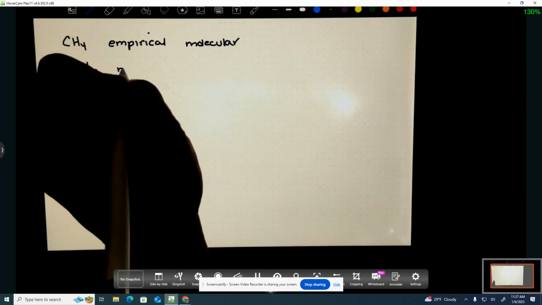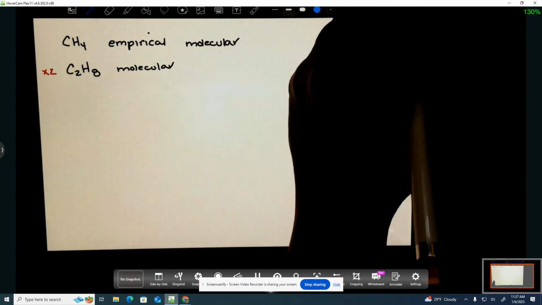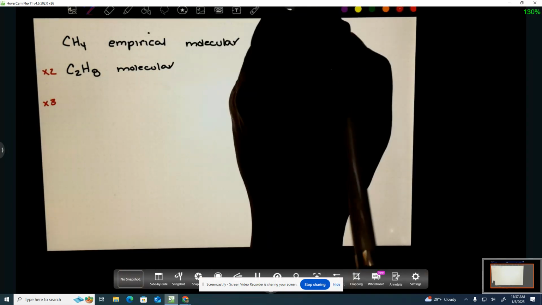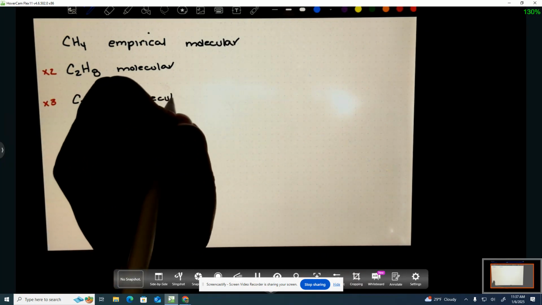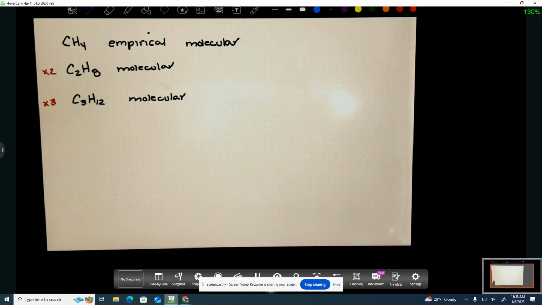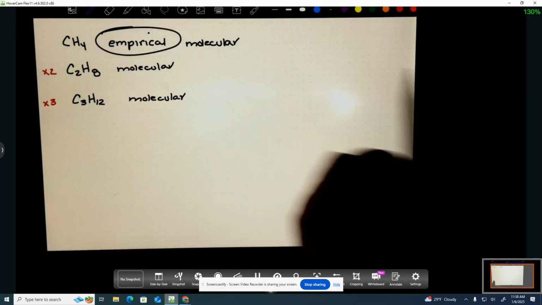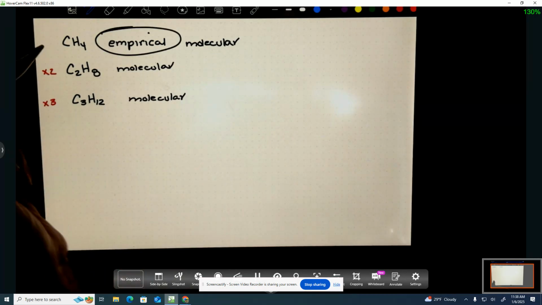No. It is only a molecular formula. If I triple it to C3H12, that is only a molecular formula. So I can keep going. I can go times 2, times 3, times 4, times 5. There's only one empirical formula, and a molecular formula is any multiple of that empirical formula, including the first one. This is also a molecular formula. If the compound has 1 carbon and 4 hydrogens, it's methane, it is a molecular formula.